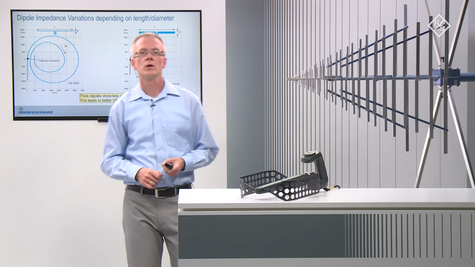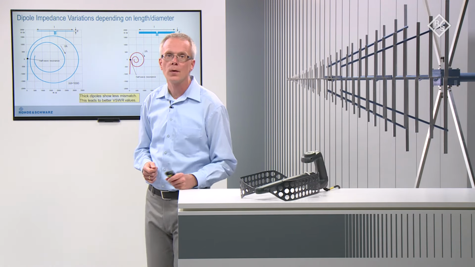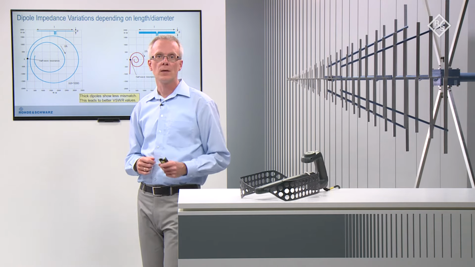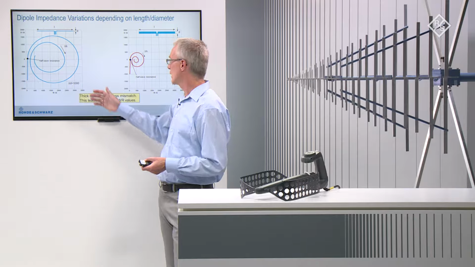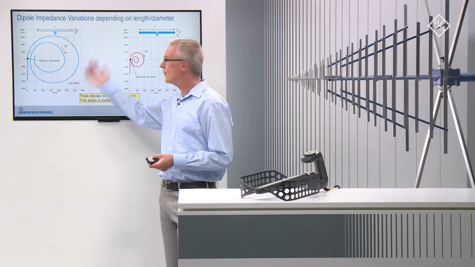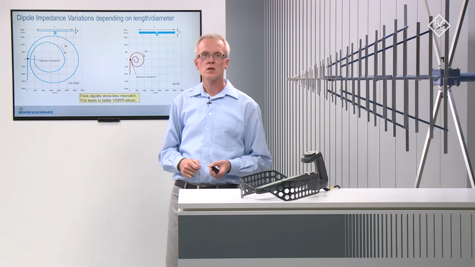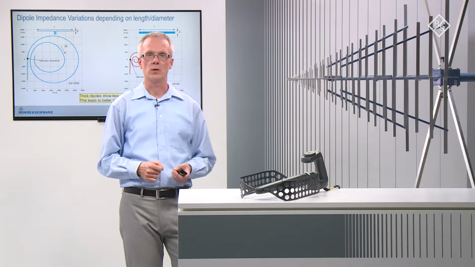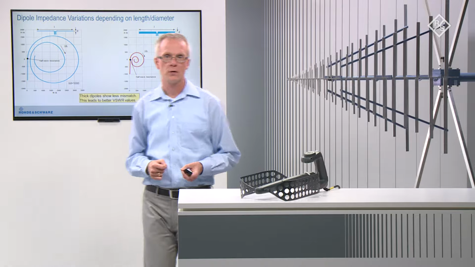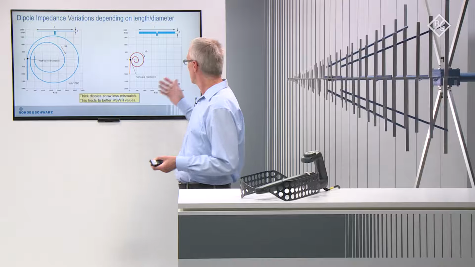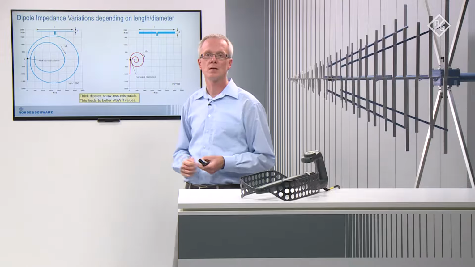Now this curve shows the impedance of a so-called thin dipole, meaning that the ratio of length to diameter, L over D, is very large, here approximately 1000. The situation slightly improves if a thick dipole is used, shown by the red curve in the right diagram, where the L over D is in the range of about 60.